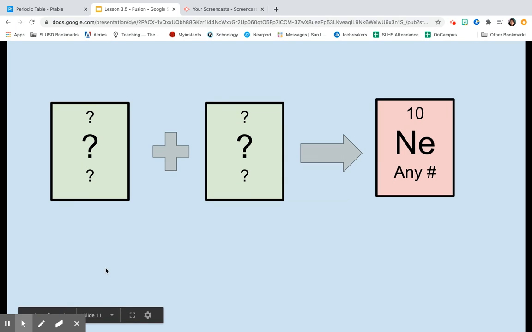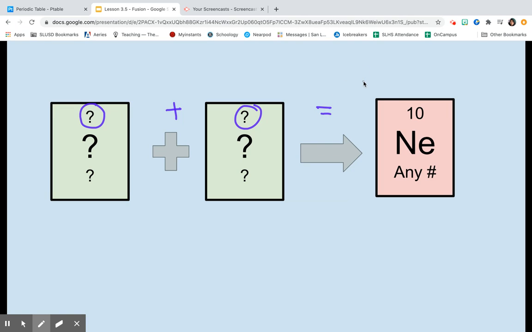So here's a tricky one. Let's say I want to make neon. It has 10 protons, right? So there are a couple of possible correct answers that I can think of right now. If I think about what plus what equals 10, there are lots of numbers that add up to 10. I can think of 5 plus 5 equals 10. I can also say that 2 plus 8 equals 10.